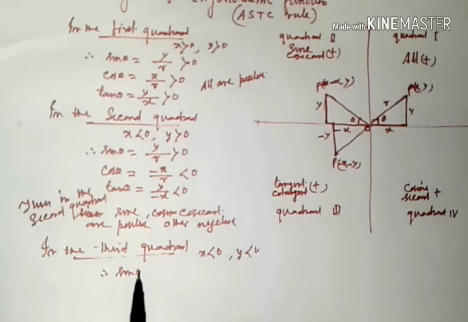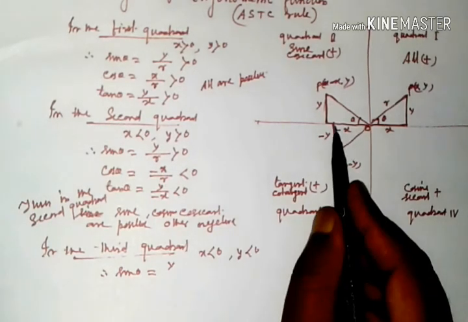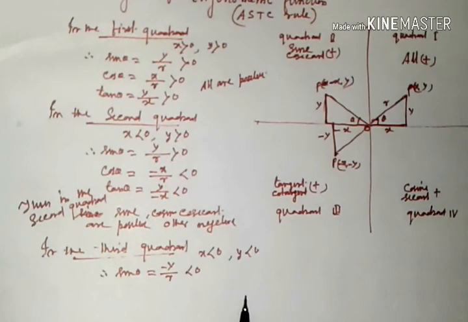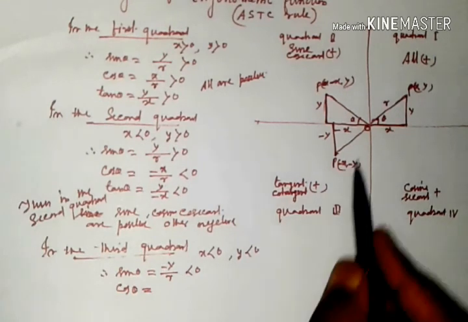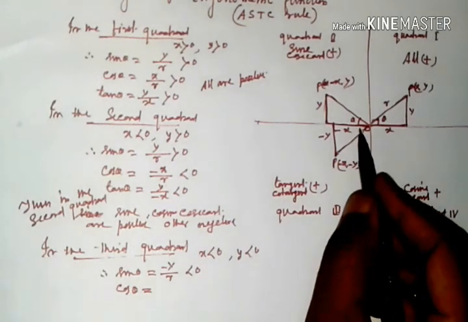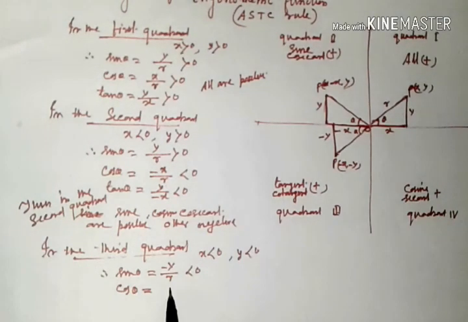Therefore, sin theta is equal to perpendicular by hypotenuse, minus y by r, less than 0. Cos theta is equal to base by hypotenuse, that is minus x by r, less than 0.